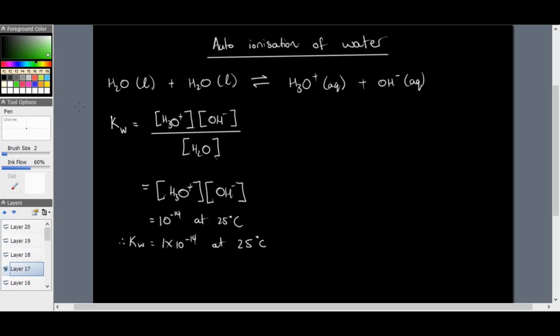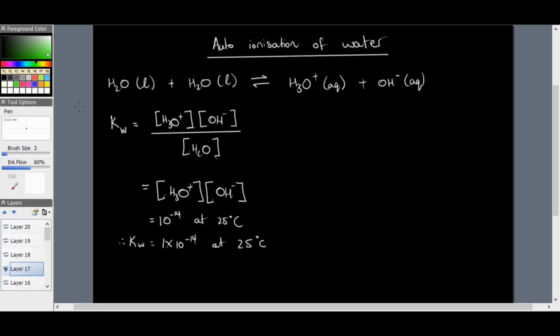When pure water auto-ionizes, some H2O molecules act as an acid, donating a proton, which is your hydrogen plus ions, and some act as a base, which means they accept the hydrogen plus protons. The equation you see there is when water, H2O liquid, reacts with water, H2O liquid, we see hydronium ions formed, H3O plus, and hydroxide.